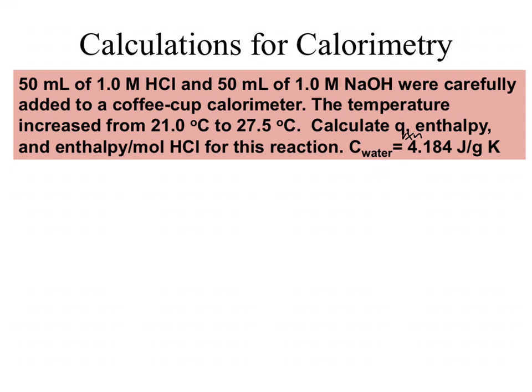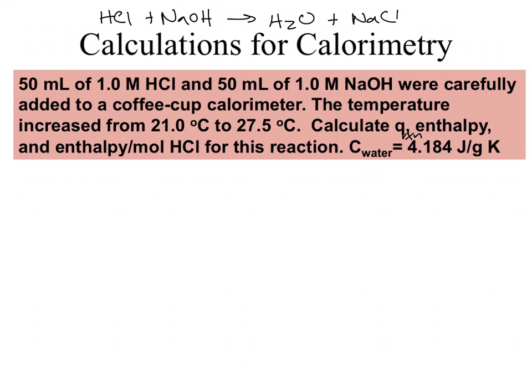Okay, so once again, guys, this is a calorimetry problem. So of course, we are going to be indirectly measuring the interaction between this HCl and NaOH. We know that when we put them together, because they're an acid and a base, we get neutralization. So H2O and NaCl are the products that we would produce.